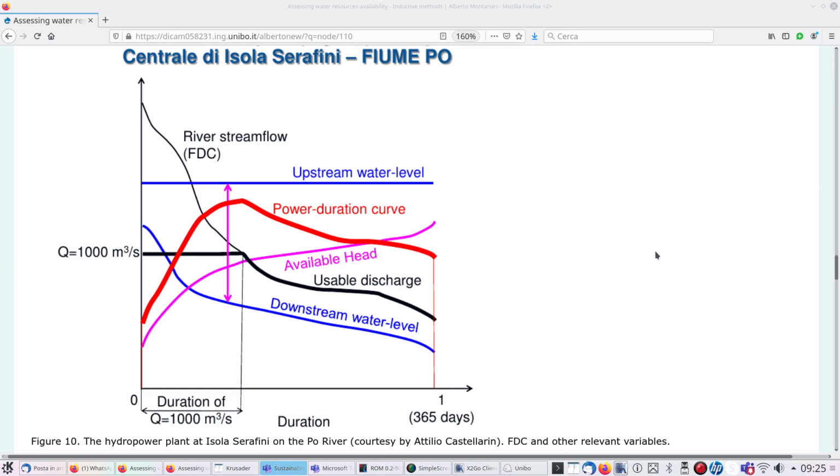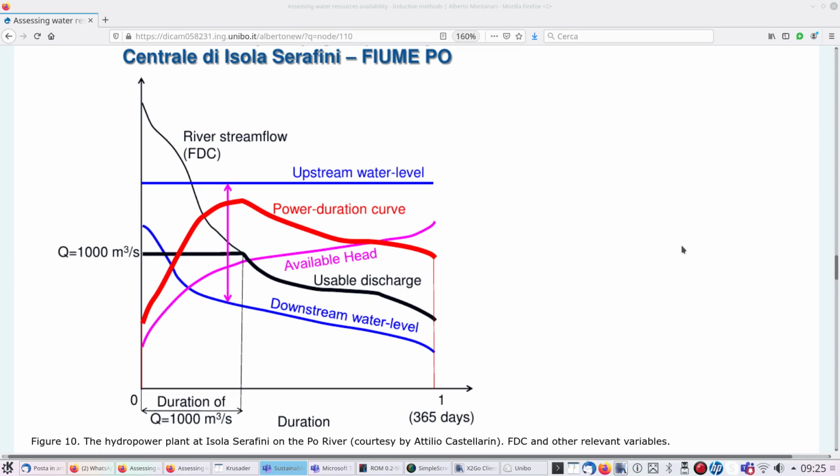So you see that the hydropower plant is designed for river flow of about 1,000 cubic meters per second, which corresponds to a duration which may be some more than 60 days, but not much more. Probably it's something like 3 months.